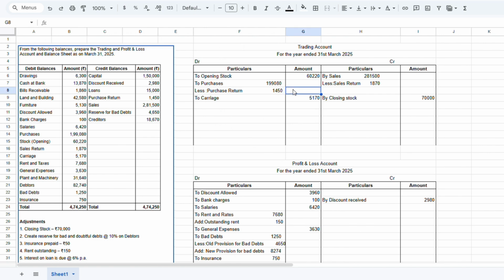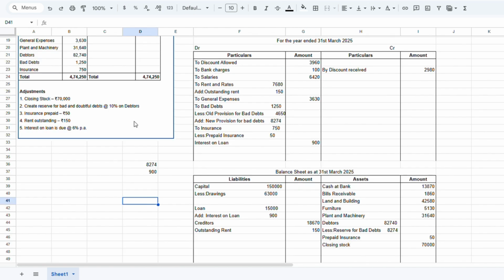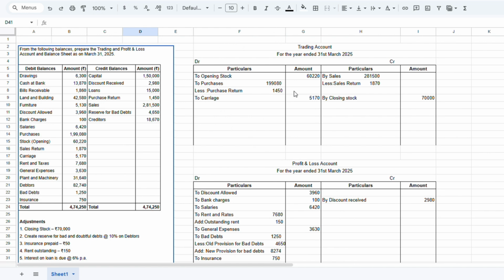Now let's close the accounts. Firstly, let's take it in the outer column. 1,99,080 minus 1,450, that is 1,97,630.